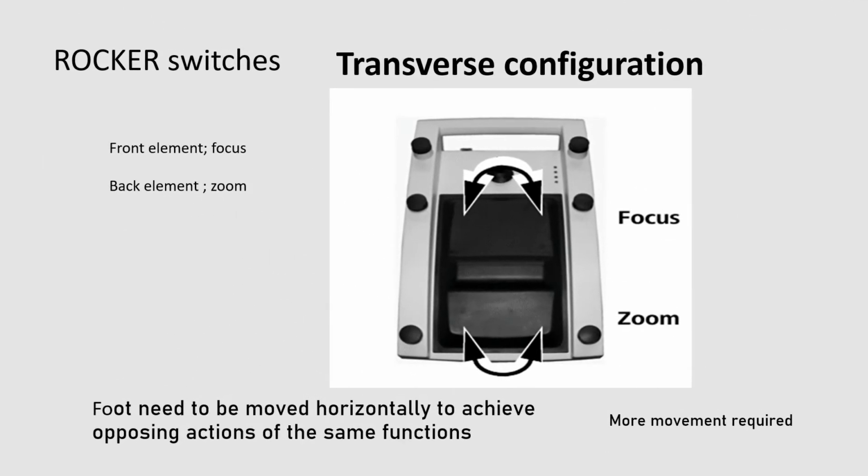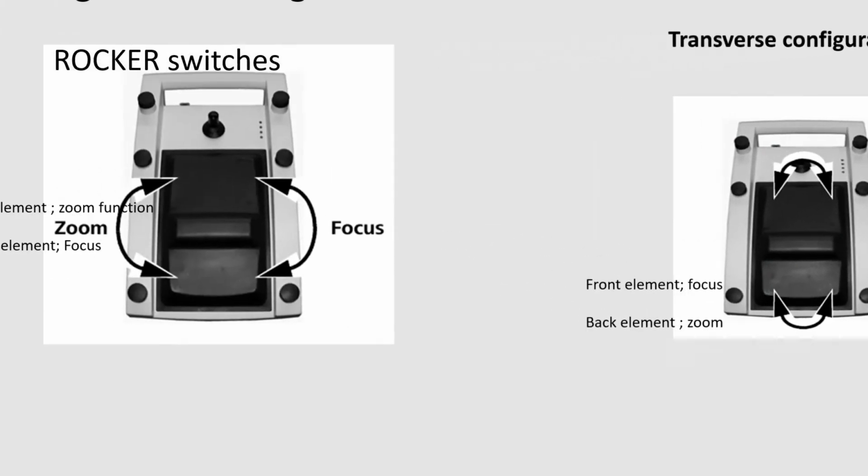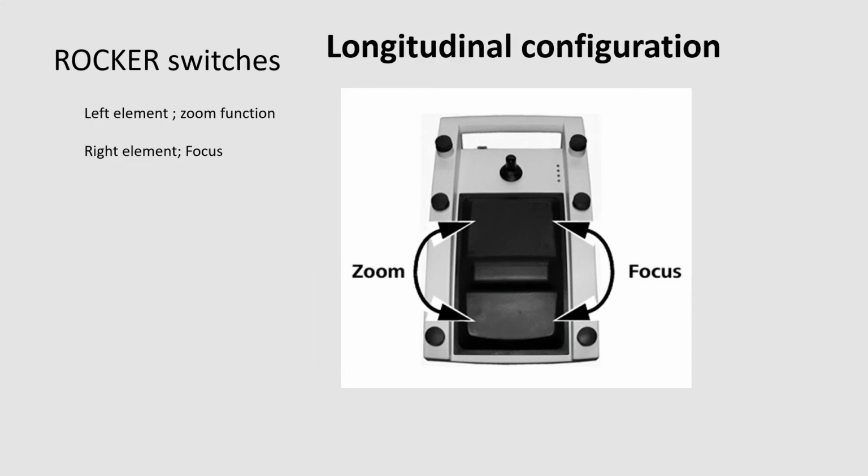In the first configuration, the front element controls the focus, whereas the back element controls the zoom. The foot needs to be moved horizontally to achieve opposing action of the same function, thus more movement is required. In the longitudinal configuration, the left element controls the zoom function and the right element the focus.